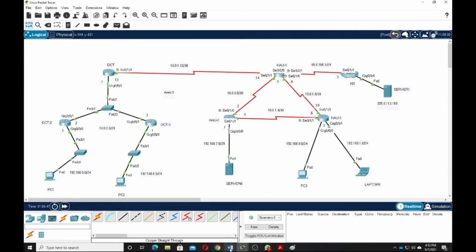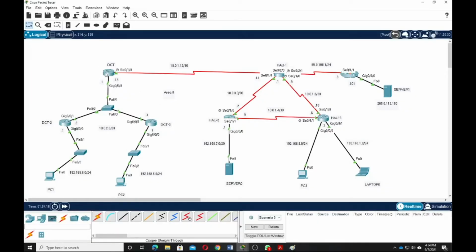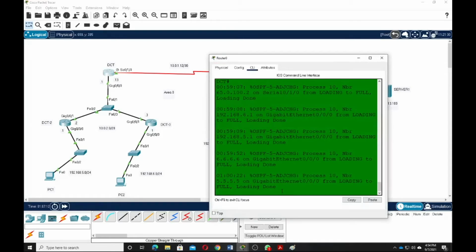Right, so after that, configure the router DCT as the highest OSPF. DCT, highest OSPF interface. This one, we should configure this as the highest OSPF interface.